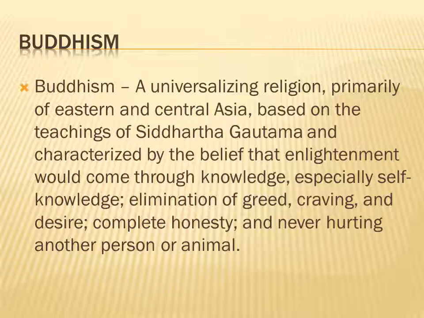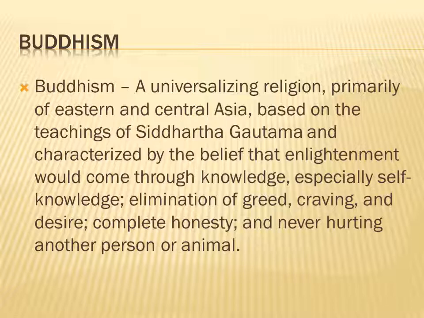So a little background as far as how Buddhism comes into existence in human history. We mentioned there in the definition Siddhartha Gautama, who was born right around 563 BCE, that is before the Common Era.